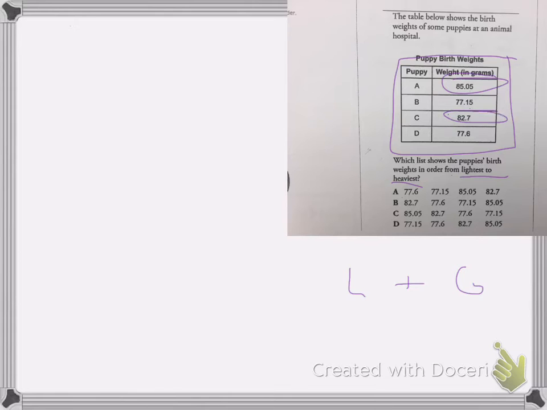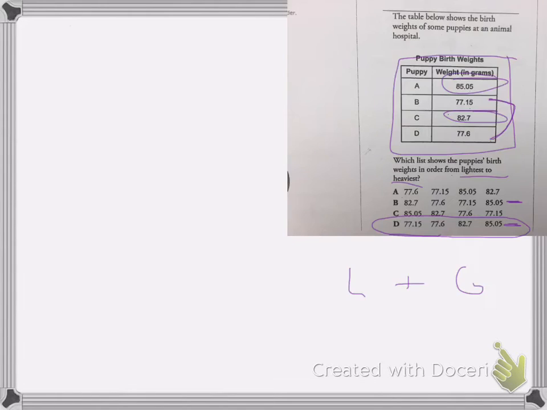Then 82. So the only two that I really need to compare are these two. So we're looking, 85 is the heaviest, so choice B or C. 82 is the next heaviest. So this is really the only one with the right heaviest and then next heaviest.